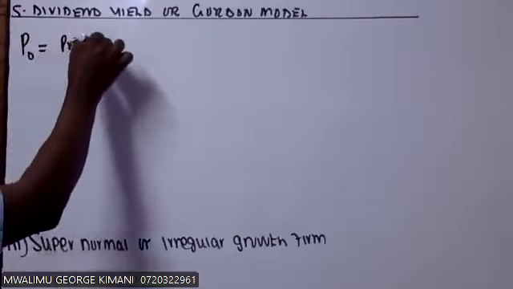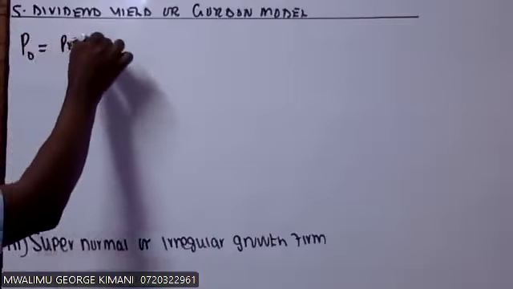The market price per share as at 1st of December under the new financing. So under the new financing, the growth rate is 14%. So under the new financing, Roman 2, P naught now will be D1 out of KE minus G. So D1 is the dividend in the next period, which we are told it will now be 5.